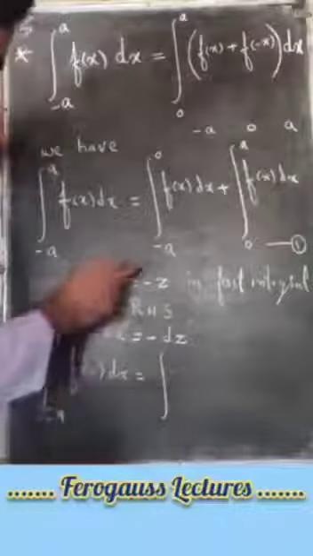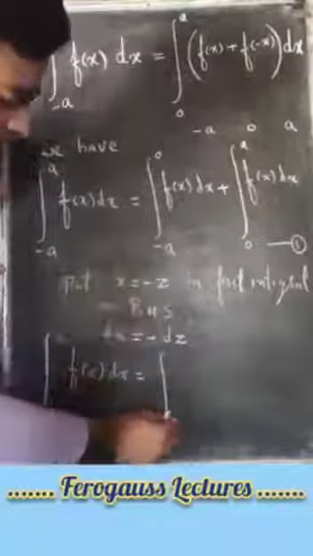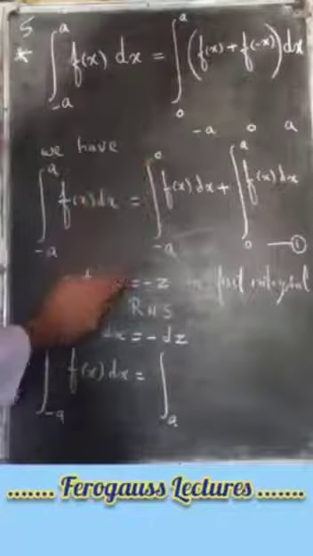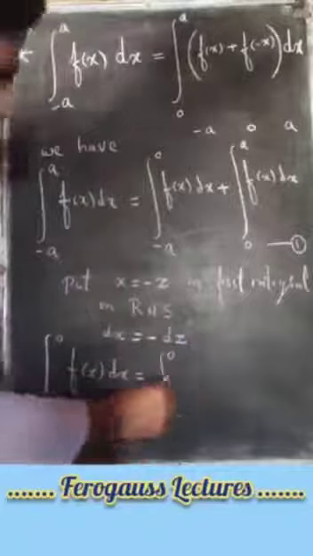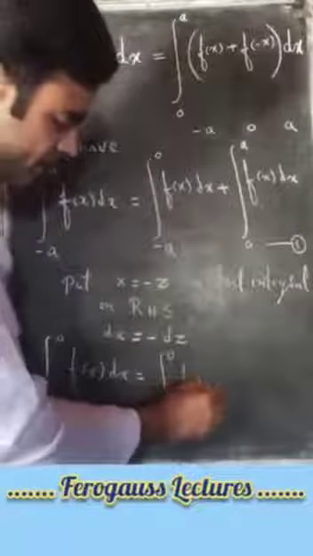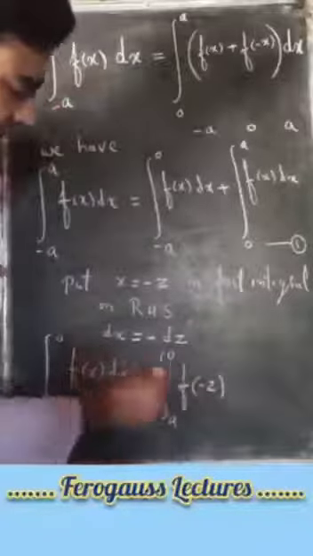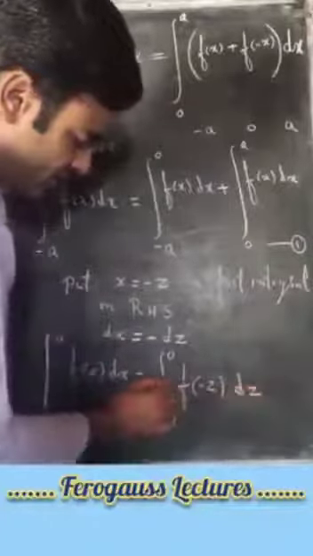Now when x is equal to minus a, z is equal to a, and when x is equal to 0, z is equal to 0. Then we have f of, instead of x we can write minus z. Then instead of dx we can write minus dz. So we write dz with a minus sign.